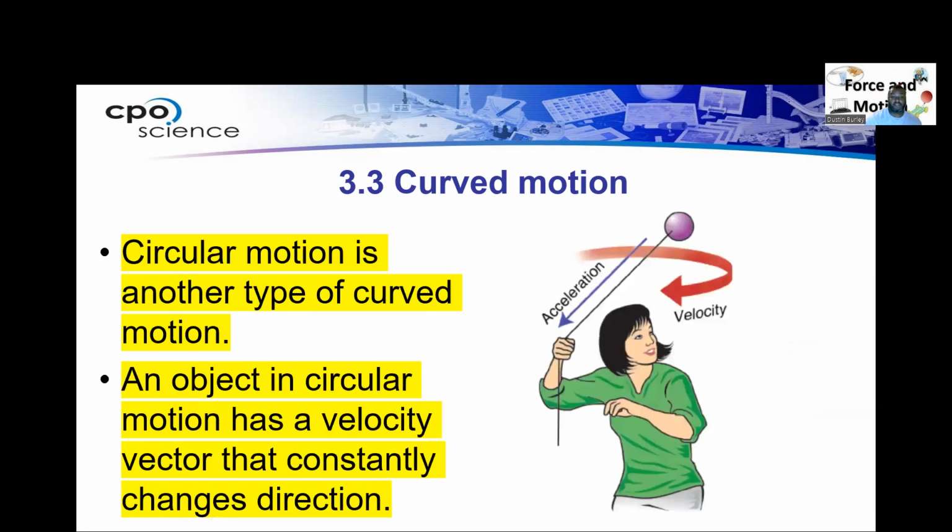So circular motion is another type of curved motion. The velocity will change depending on the direction. Now, if you're moving the ball around, it'll change the speed.